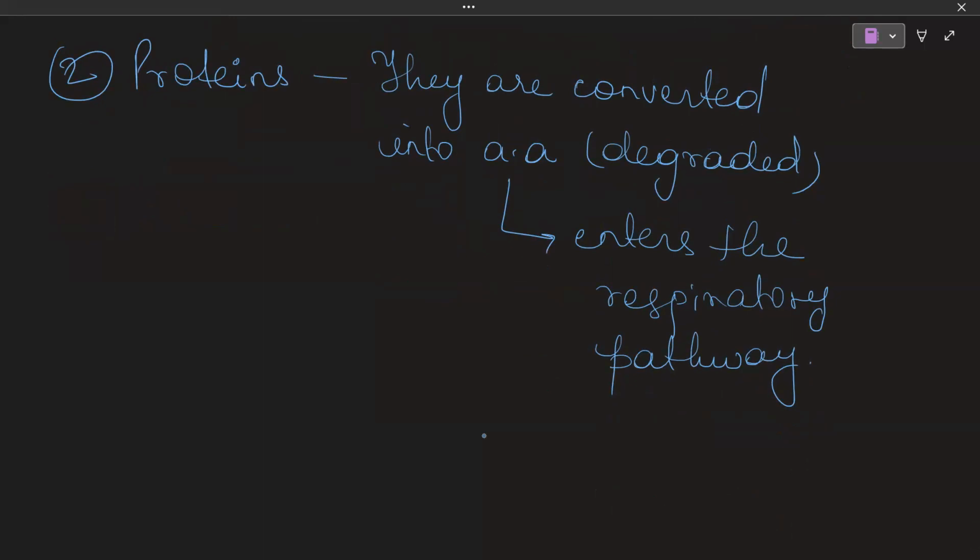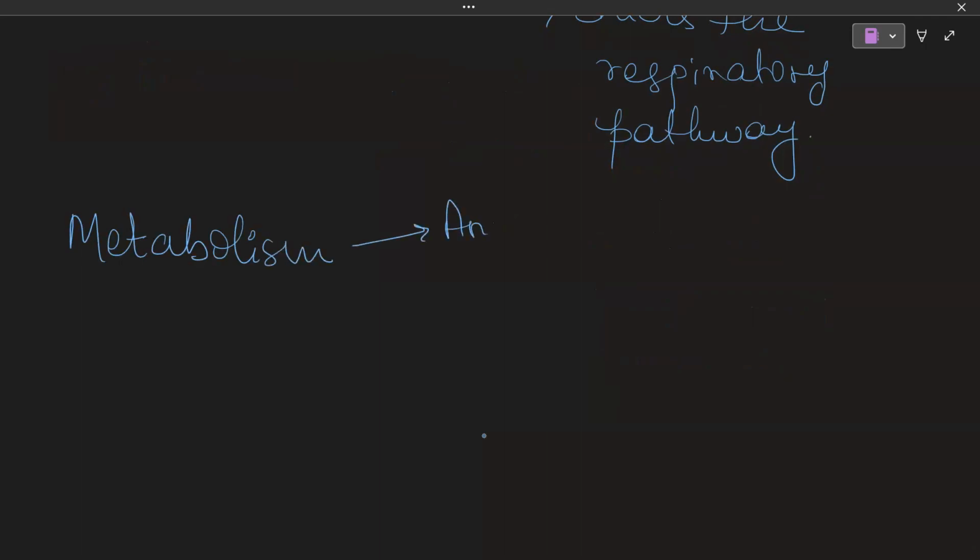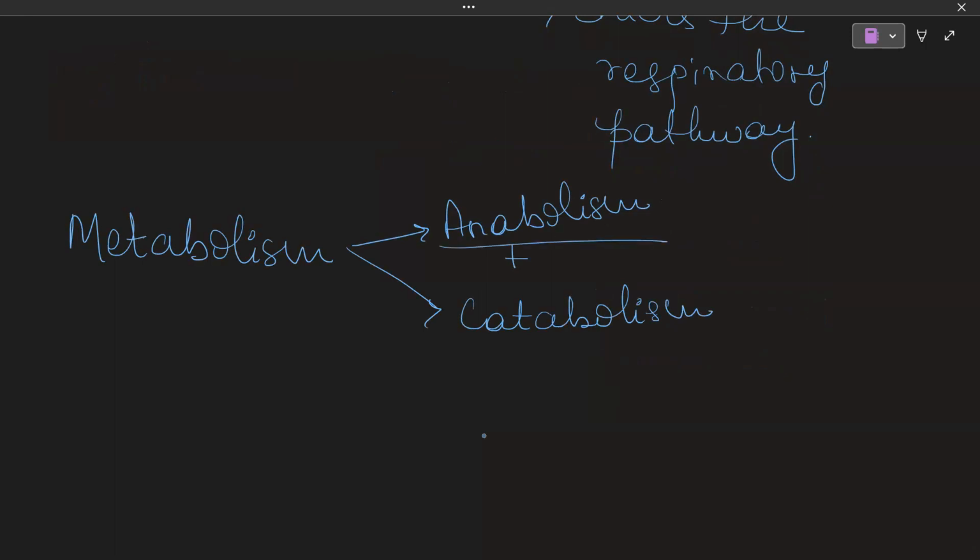Now, amphibolic is a term which is used for both the terms. Do you know that metabolism contains anabolism plus catabolism? Do you know this or not? All right, I'll tell you what it is.